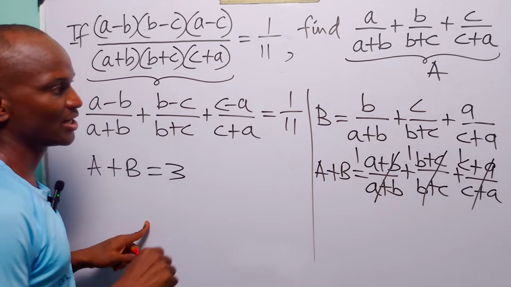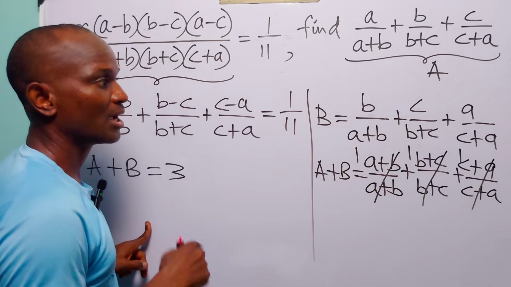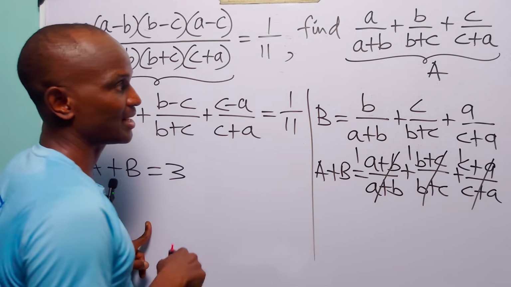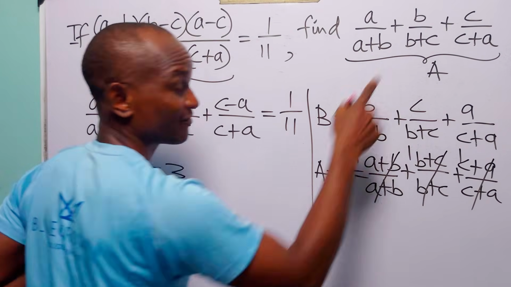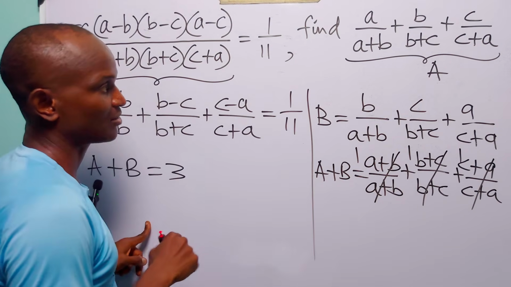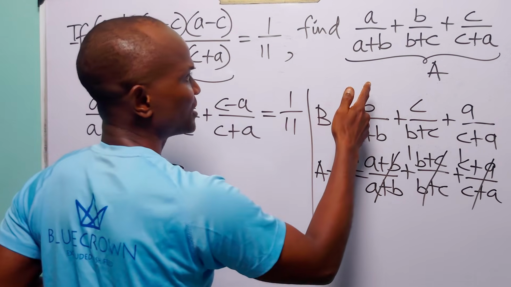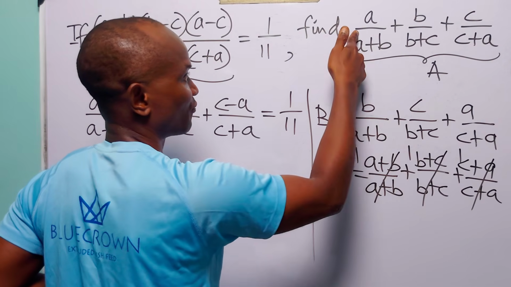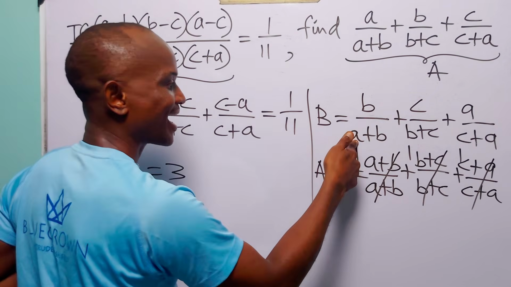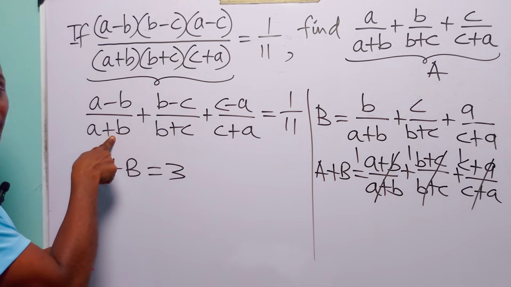Now, the next thing we are going to do is subtract B from A. Once more, remember that these pairs of fractions have the same denominator. So when we subtract this first fraction from this, we have A minus B over A plus B, which is exactly what we have here.